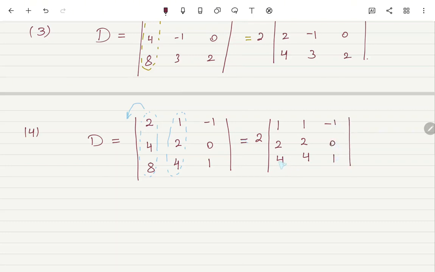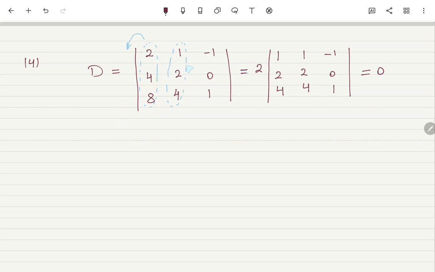By looking to the new determinant here, you will see two columns are identical, then the value for this whole determinant will be equal to 0.